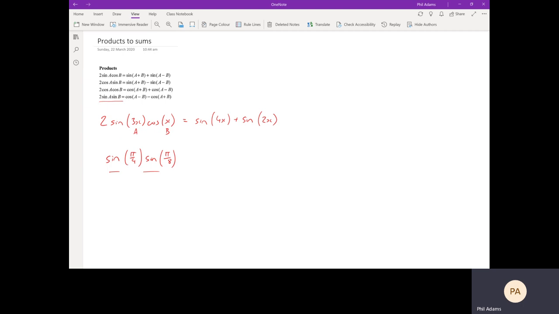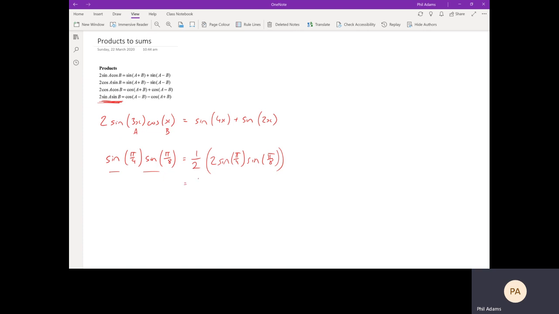But you notice it doesn't have the 2 out the front. So what I would tend to do in terms of your working is say, well, that's half of 2 lots of sine pi over 4, sine pi over 8. So now what we have in the brackets is exactly this rule from the identity. We've just got half of it.